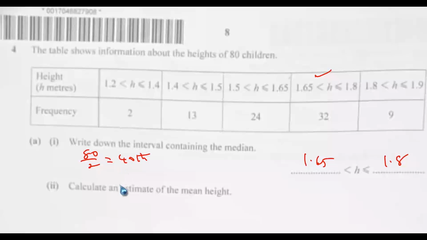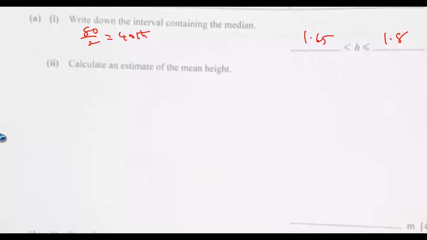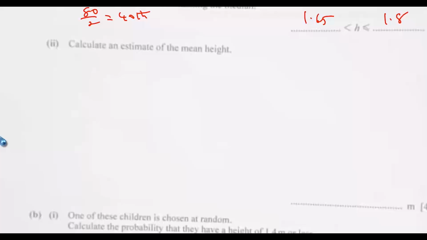So calculate an estimate of the mean height. To do this, we need to make little adjustments to the table. Firstly, we need to get the value of x. That x will be the average of the class interval. Then we have the frequency.